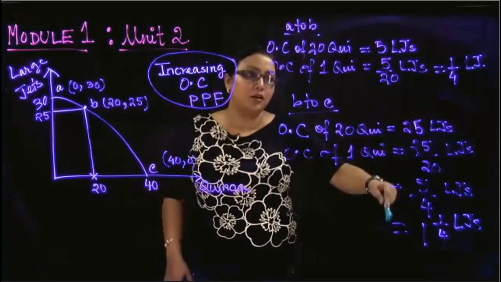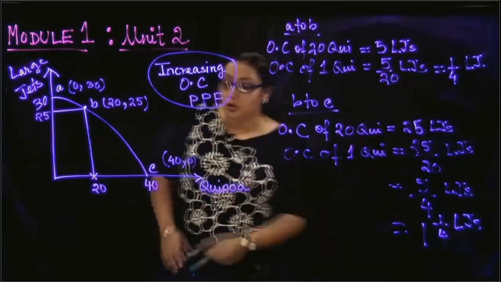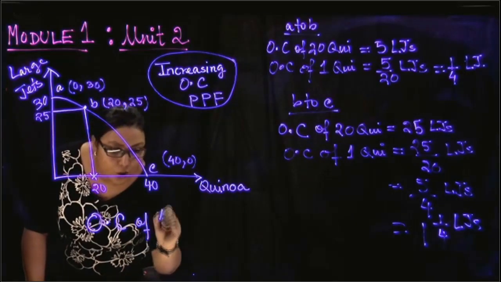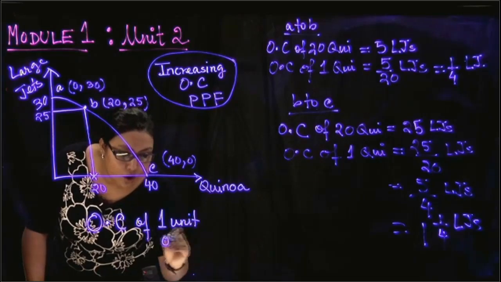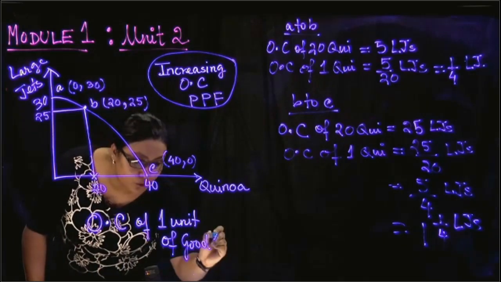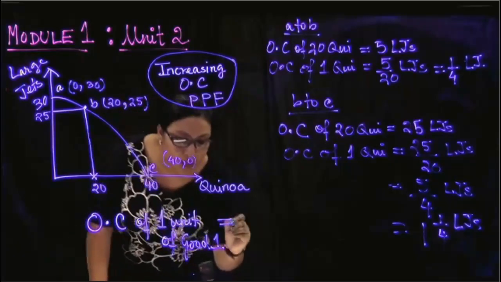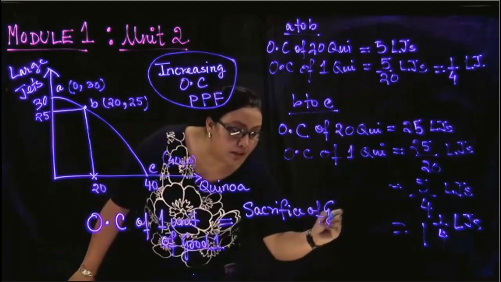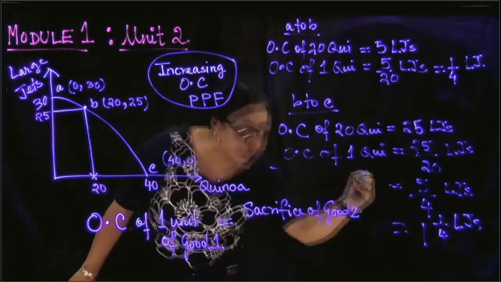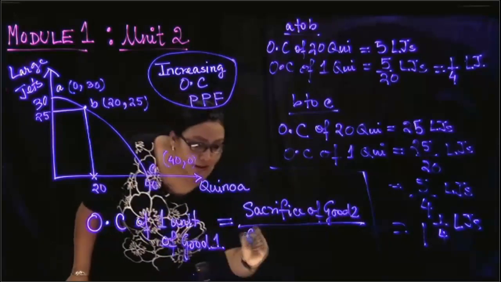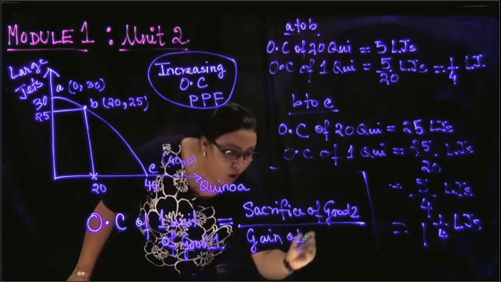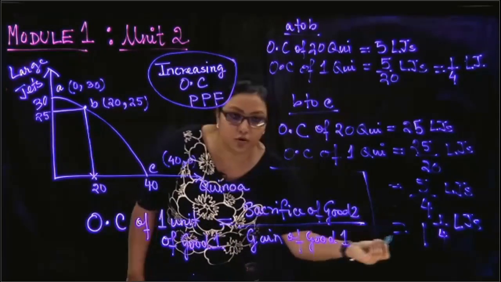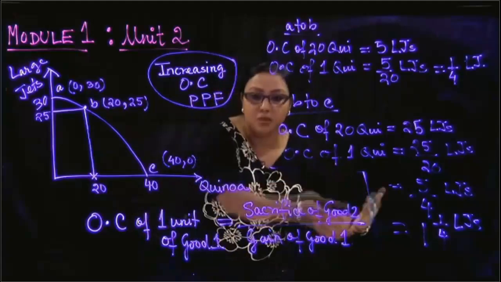Now some of you may be a little confused with the math that I am doing here, right? It's a simple unitary method, but if you're confused, then I could give you a general formula. We could say that the opportunity cost of 1 unit of good 1, whatever that good is, quinoa or largettes or whatever, is basically the sacrifice of good 2, that means the sacrifice of the other commodity, divided by the gain of good 1, and this will always be in units of good 2, because your sacrifice is always in terms of the other good.